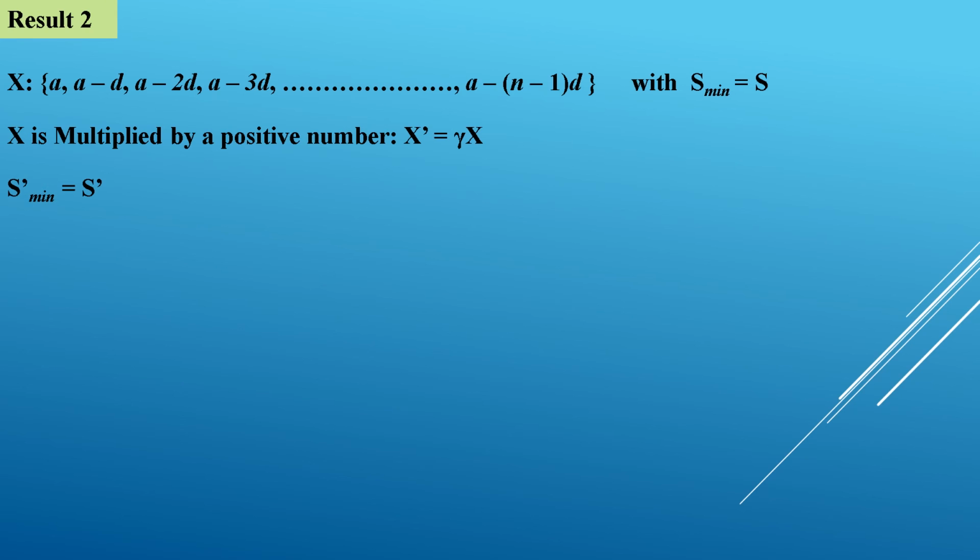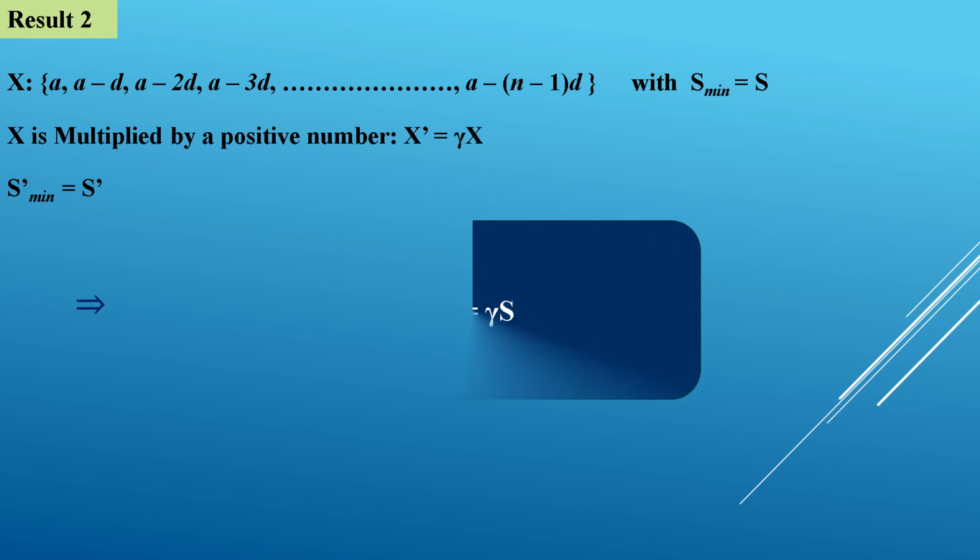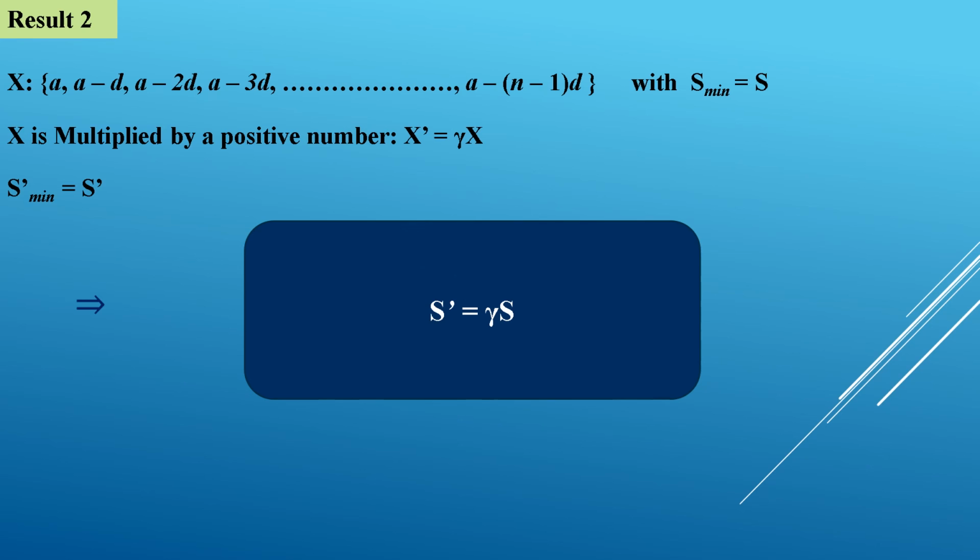Then s dash, the new minimum sum, we simply assume. We conclude that s dash is equal to gamma times s, regardless of the size of the data. Hopefully you have learned this new dimension of this minimum sum, and thank you.